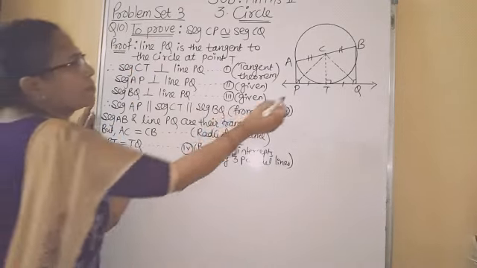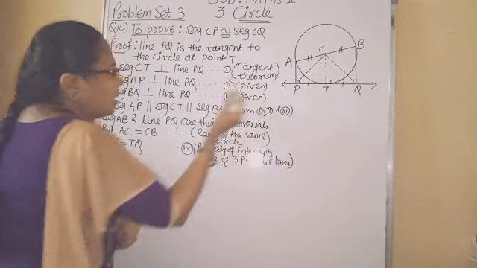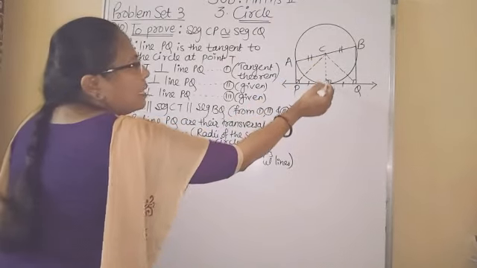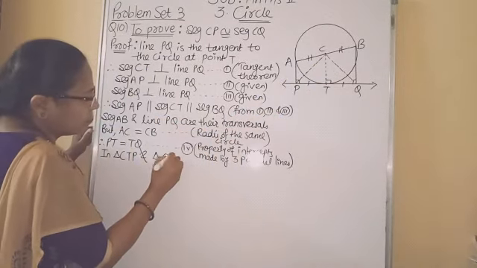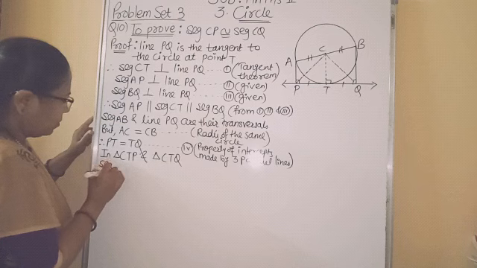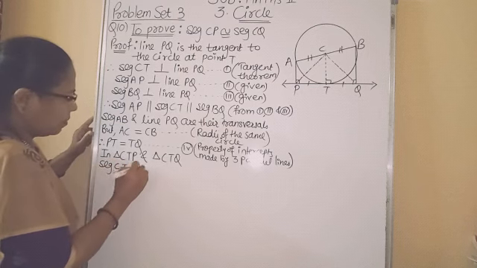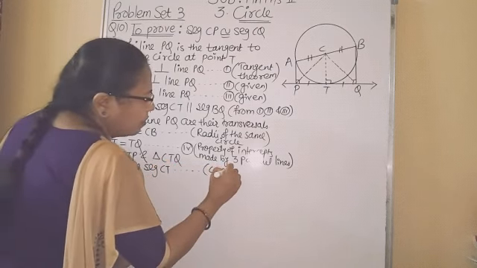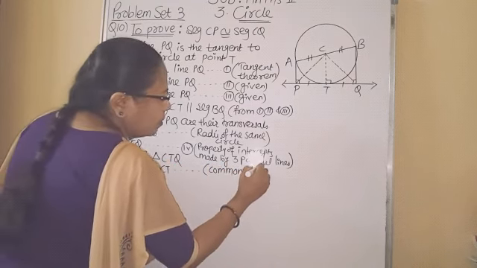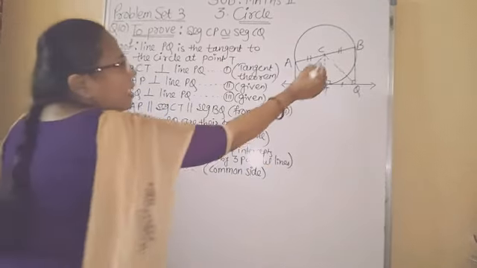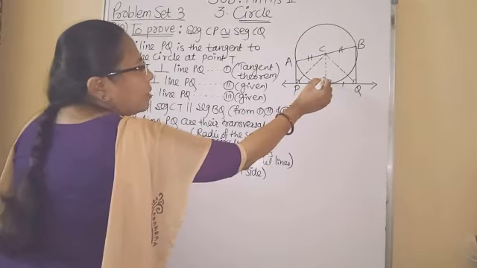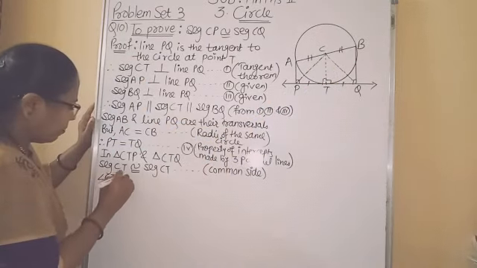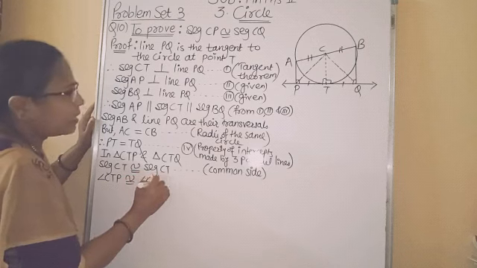In triangle CTP and triangle CTQ, segment CT congruent to segment CT, reason common side, then angle CTP congruent to angle CTQ.